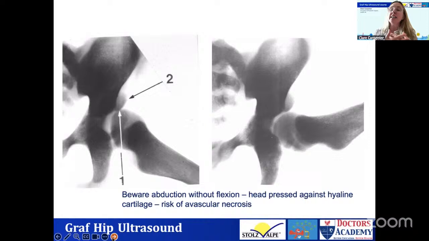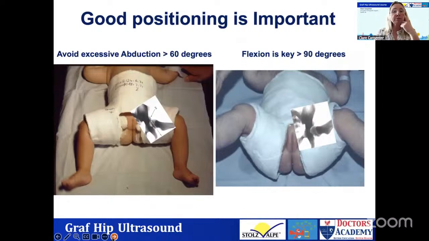You've all seen that the hyaline cartilage is soft and compressible, and that's when you classically end up getting signs of avascular necrosis or proximal femoral growth disturbance. But if you flex that hip up, as on the right, you can come under the deformed hyaline cartilage roof and center that hip deeper into the acetabulum to restore the forces.